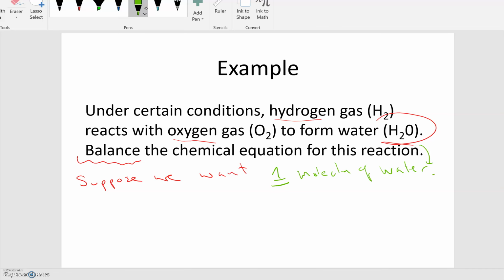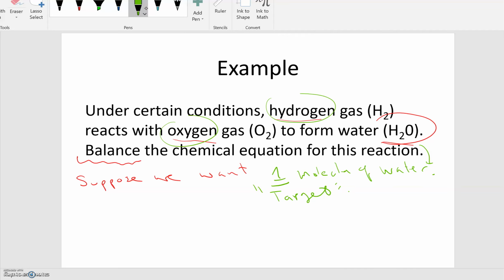Okay, so I'm going to think of this as my target. I want to know how many molecules of hydrogen I need and how many molecules of oxygen I need to make 1 molecule of water.